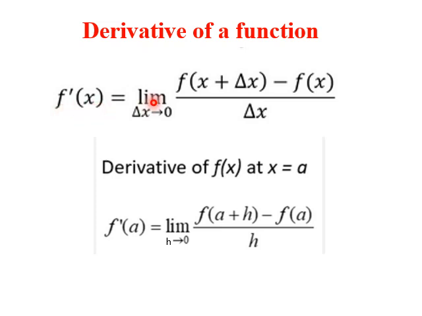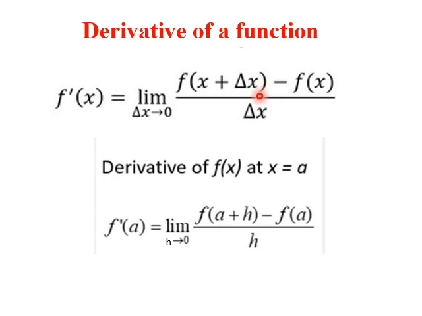How is it defined? It is defined as: limit delta x tending towards 0 of (f of x plus delta x minus f of x) by delta x. What is delta x? This symbol is called delta. Delta x means a small value of x. For example, if x equals 2, then delta x is 0.0001.